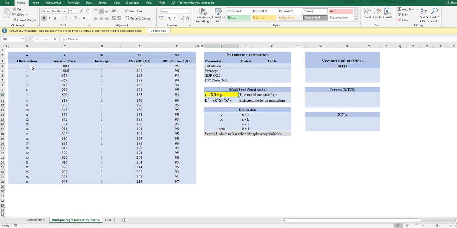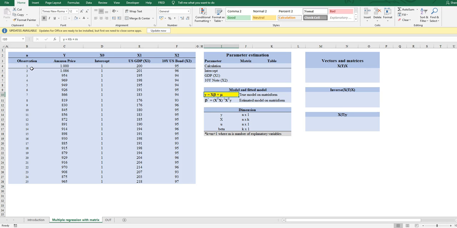The way that this has to be looked at in terms of matrix and vector notation is this. On the left hand side we have an n times 1 vector, so in this case 25 times 1 of Amazon prices.